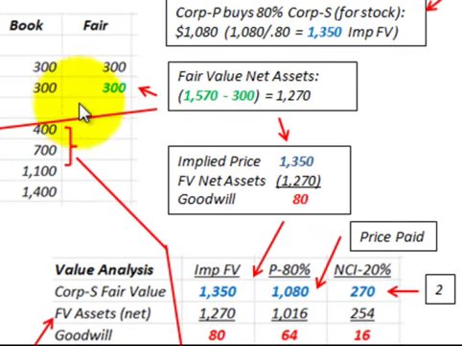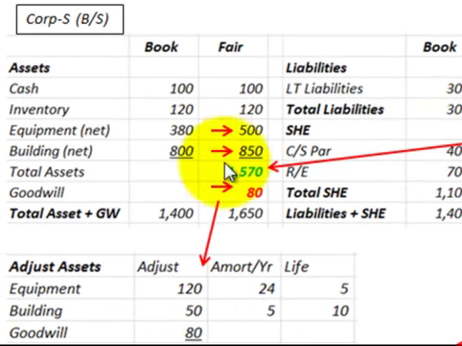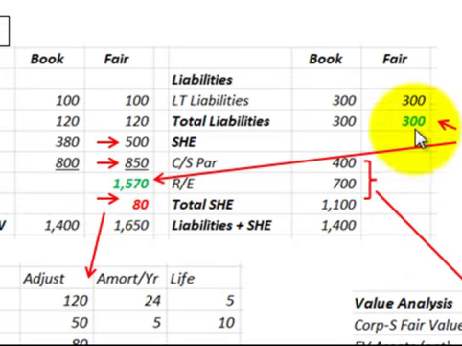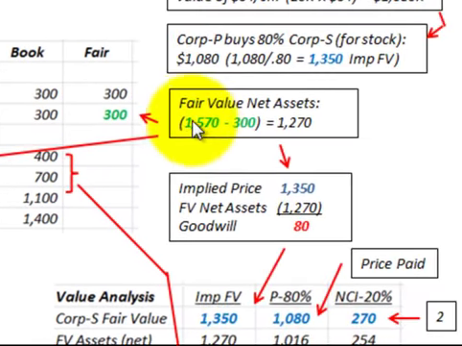Looking at the fair value of our net assets, first we have to calculate that. Our total assets at their fair value were $1,570,000, and the total liabilities at their fair value were $300,000. So the fair value of our net assets would be the difference between the $1,570,000 in assets less the $300,000 in total liabilities.